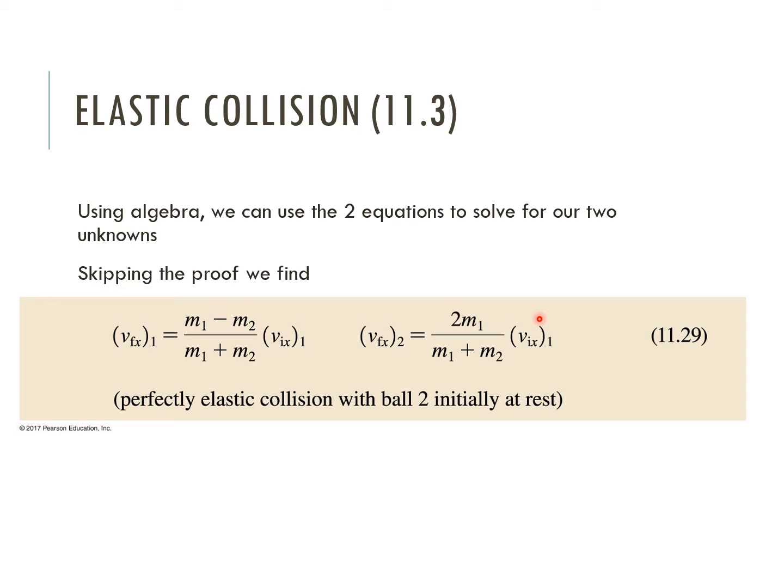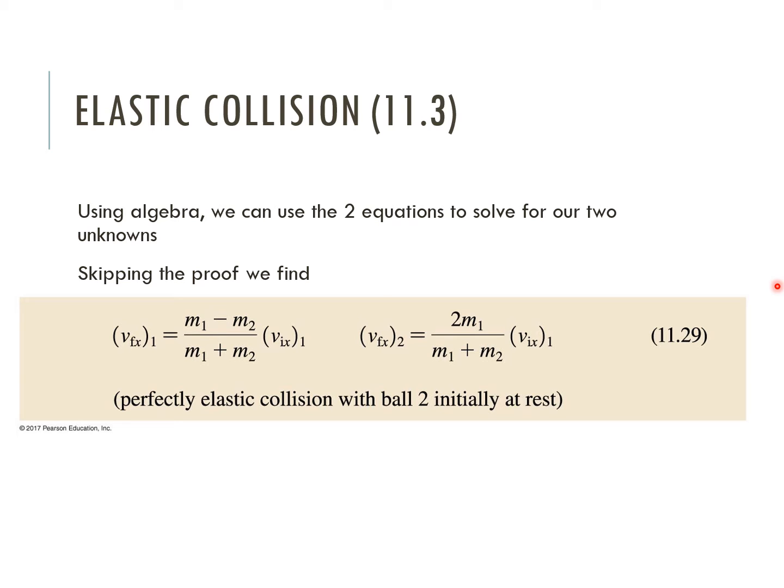These equations are really nice because we can find information right after the collision, right? We can find the final velocity of object 1 and object 2. However, it comes with a lot of conditions. We have to have an elastic collision, one in which the kinetic energy is conserved.